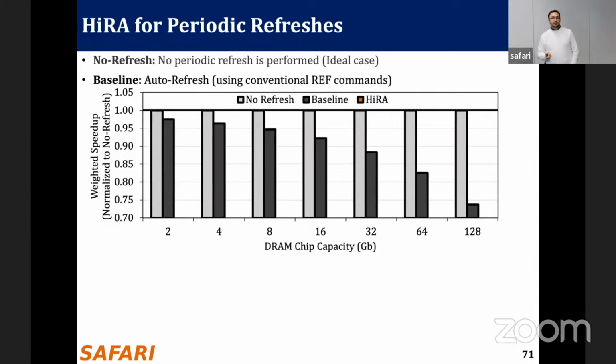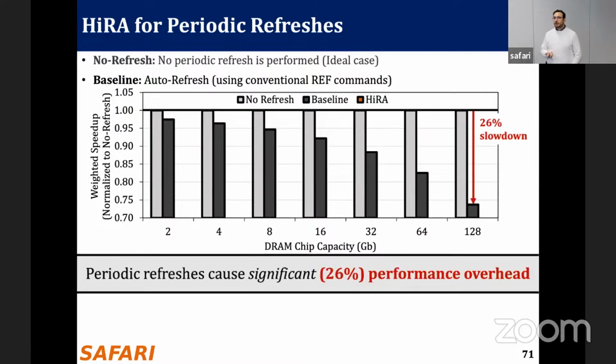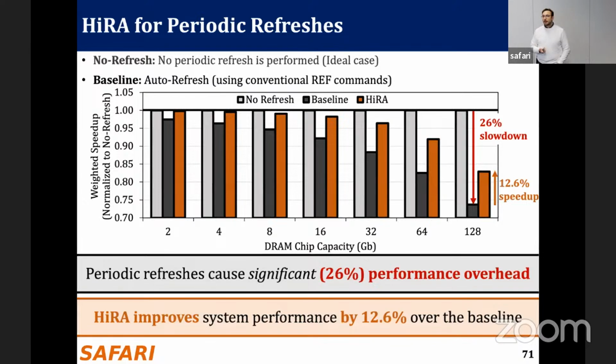And in the baseline, we use auto refresh, which is the refresh command that we see in the DRAM specifications. So it is the conventional way or industry standard of performing these refresh operations. And we observe that when we use auto refresh, it can cause a 26% slowdown when we reach a DRAM chip capacity of 128 gigabits.